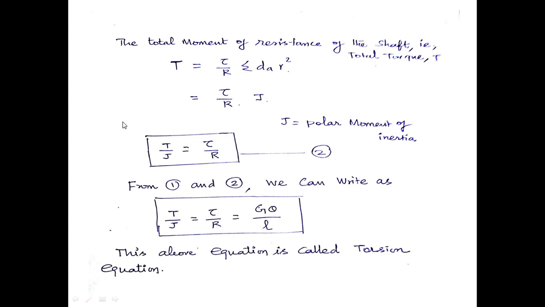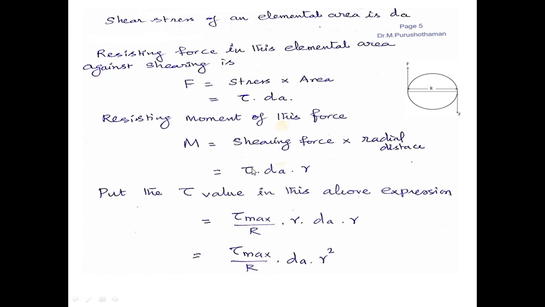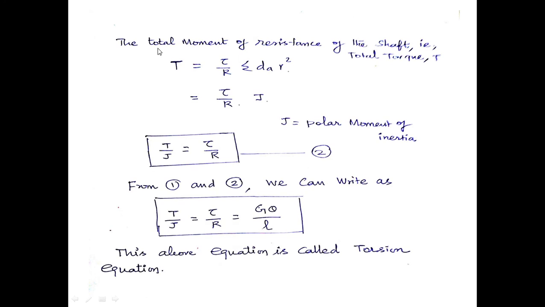This is for the elemental area, but for the total circular bar, the total moment of resistance of the shaft, that is total torque, is tau by R into sigma dA r square.